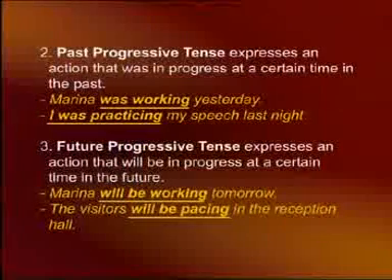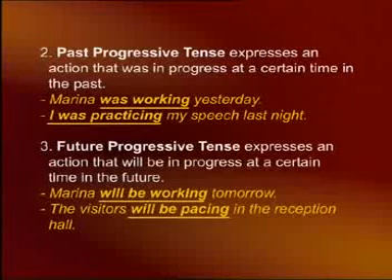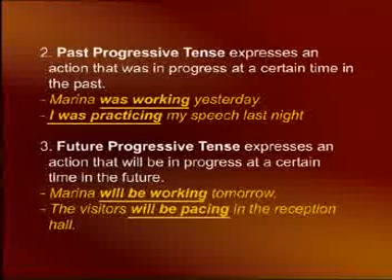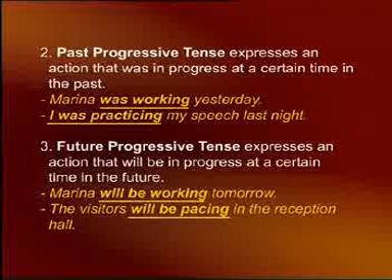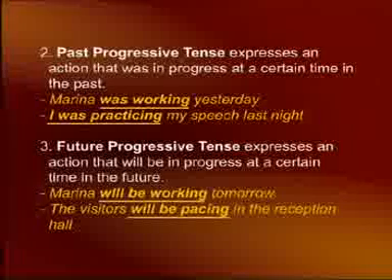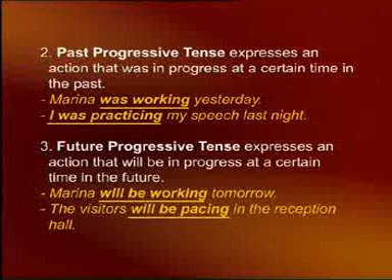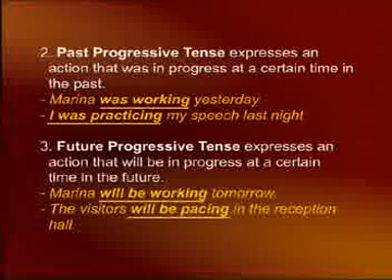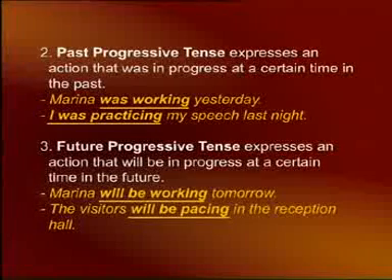The second one is the past progressive tense, and that expresses an action that was in progress at a certain time in the past. Again, we've got Marina today, and we are using Marina in all the examples. Marina was working yesterday. I was practicing my speech last night.